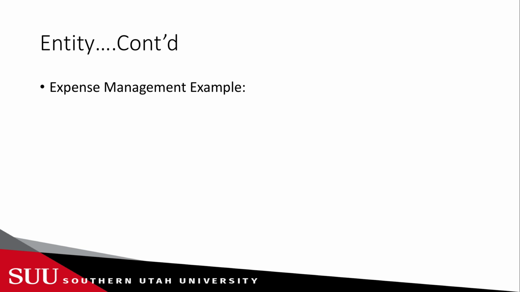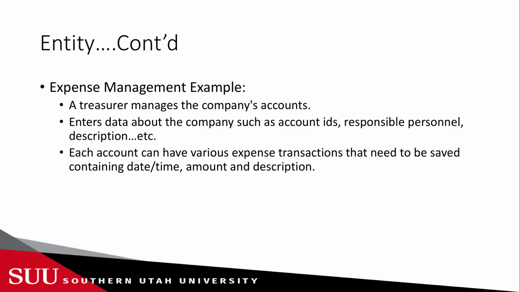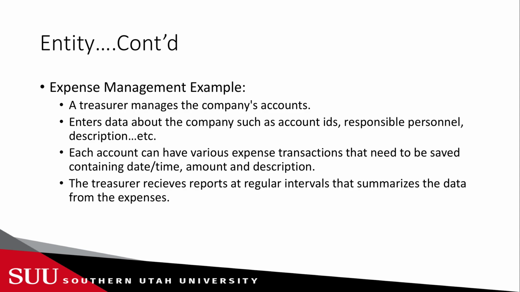So this example is talking about an expense management system, and it says we have a treasurer that manages the company's accounts. The treasurer will enter the data about the company, such as account IDs, responsible personnel, description, and so on. Each account can have various expense transactions that need to be saved, containing the date and time, amount, and description.